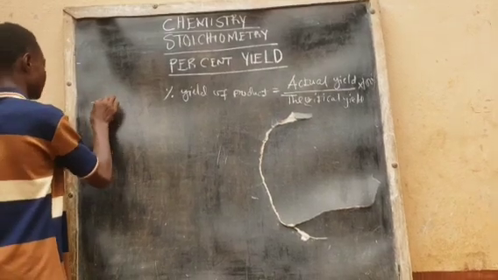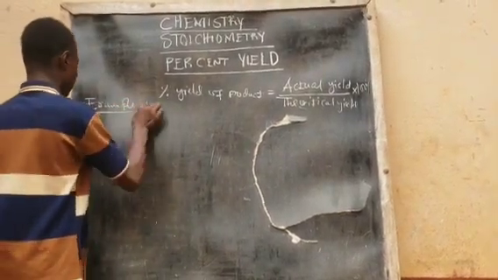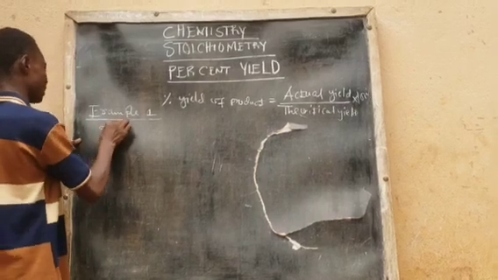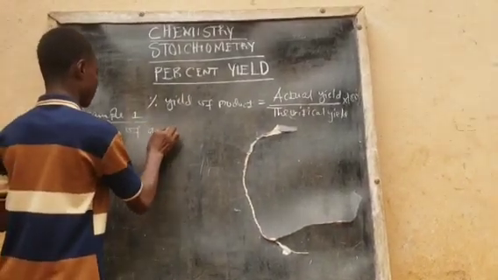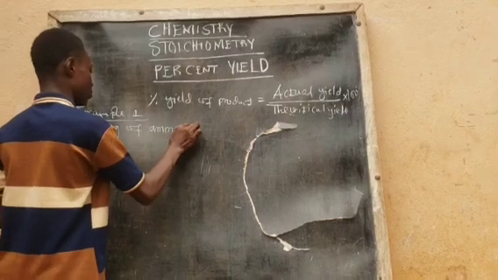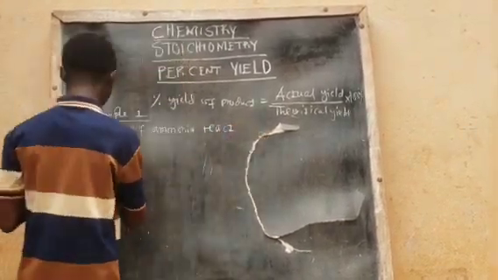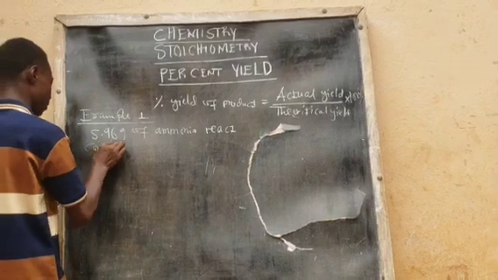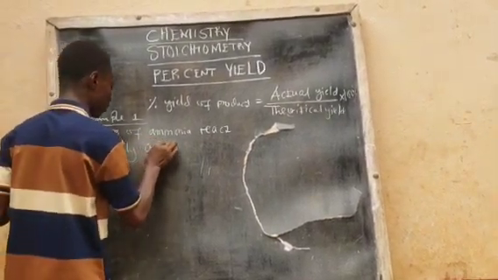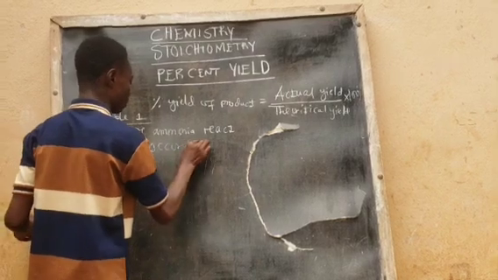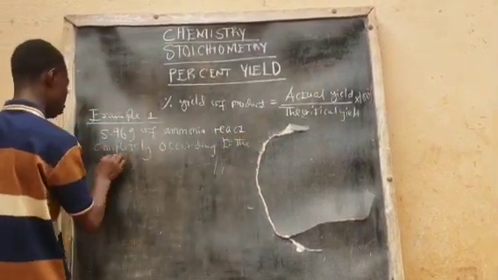Now let's take an example on percent yield. Example 1: 5.96 grams of ammonia react completely according to the reaction below.